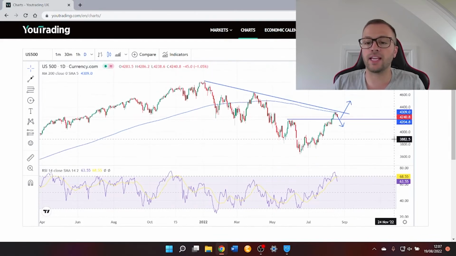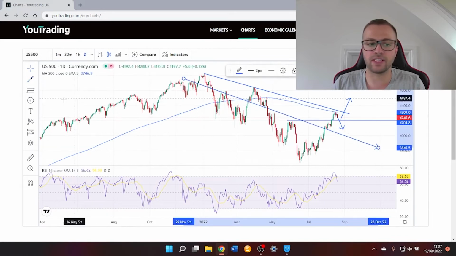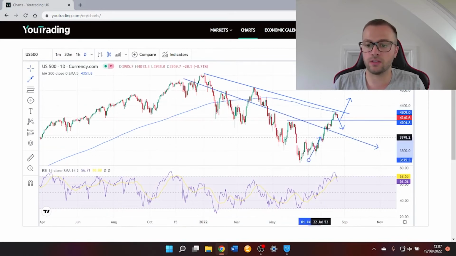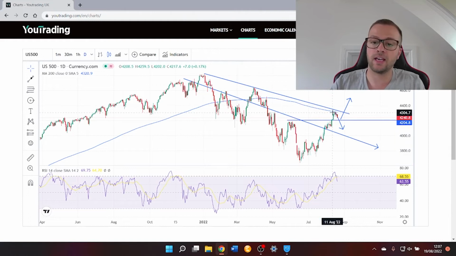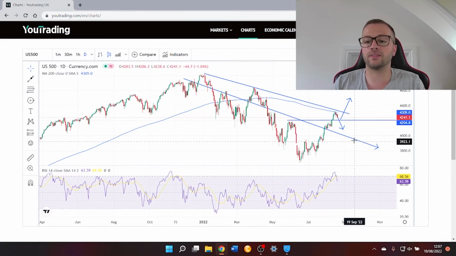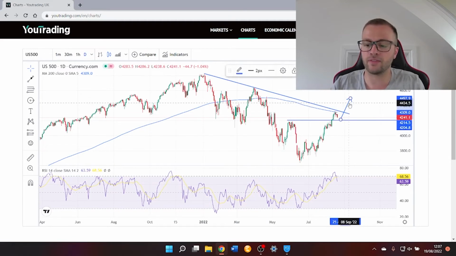A lot of people think that we are still in a bear market, and that this recent rally from lows, big rally from lows, is a bear market rally. What do I think? Well, in terms of the fundamentals, I think a pullback is justified, especially when you have such a big move.